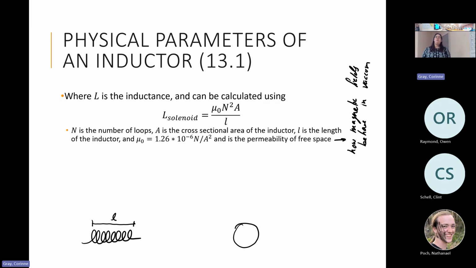You can have square ones, but for the sake of this class, we'll talk about circular ones. So when I'm talking about the area, I'm talking about the area of the circles. That is its cross-sectional area. What is the area of a circle? For the sake of this class, we're probably going to see pi r squared as that area value.